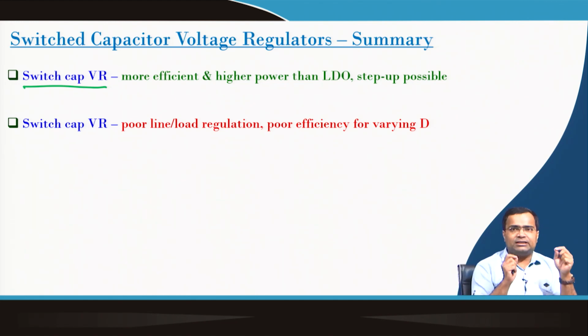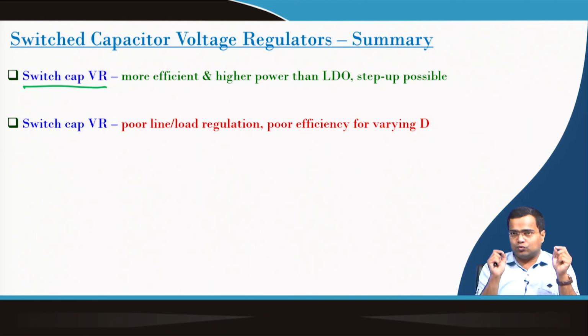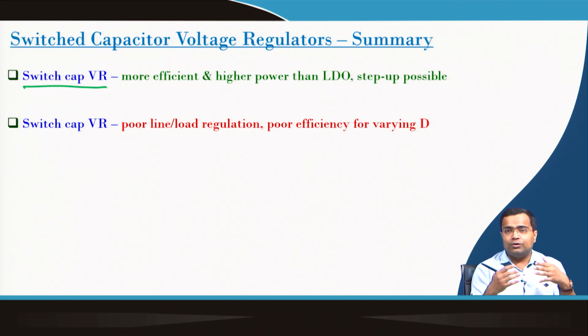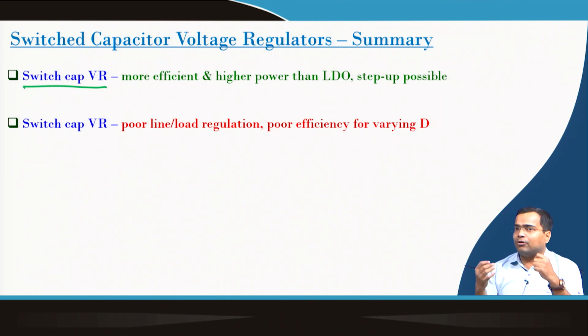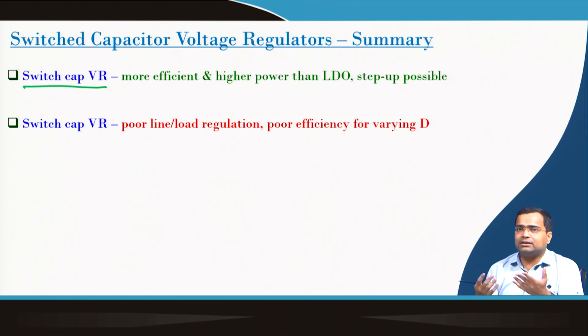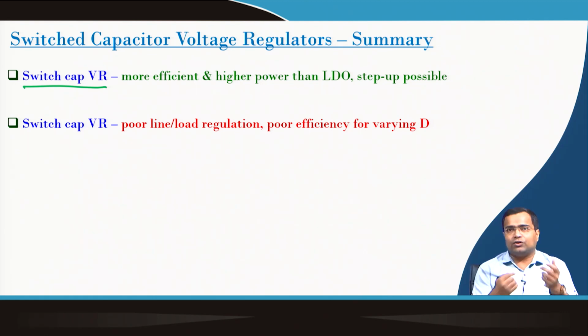So, for the best efficiency, we should operate close to Vin by 2 for one cell. That means, the voltage step up and step down we can generally achieve in a factor of 2 for one cell, a factor of 4 for 2 cells, a factor of 8 for 3 cells, and so on.